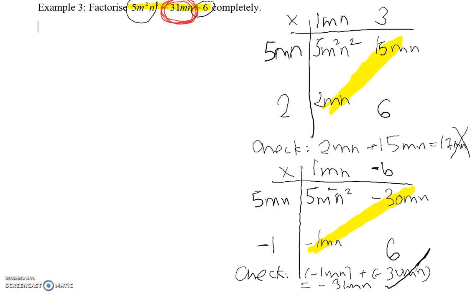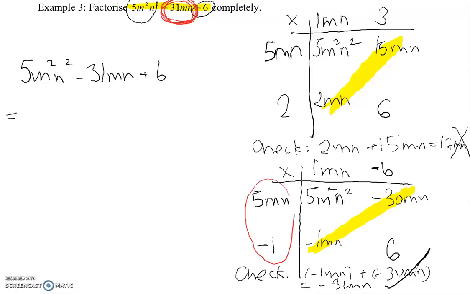Hence, we have completely and successfully factorized this expression. So therefore, 5m squared n squared minus 31mn plus 6 would have two factors, which are 5mn minus 1 and 1mn minus 6.